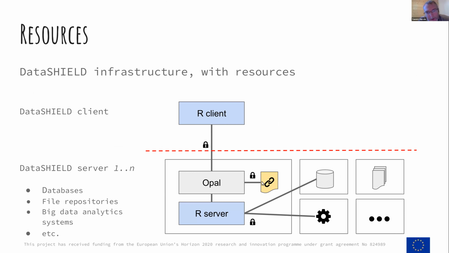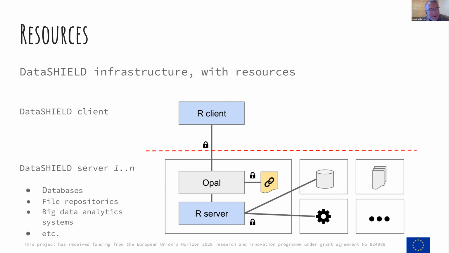And when you perform the data assignment operation in DataSHIELD, it will tell the R server how to perform the connection to the data, and it's the R server that will make the connection. So it can be a database, a file repository of any format, a big data analytics system, anything. So that unlocks the data universe that you can access.